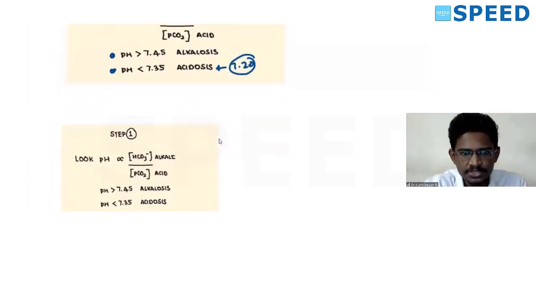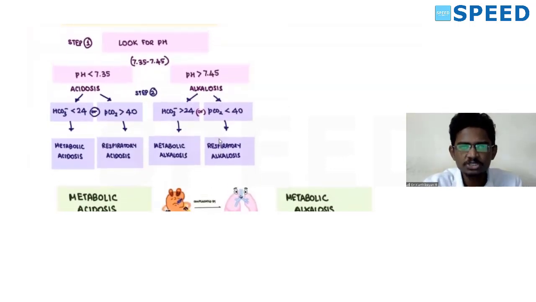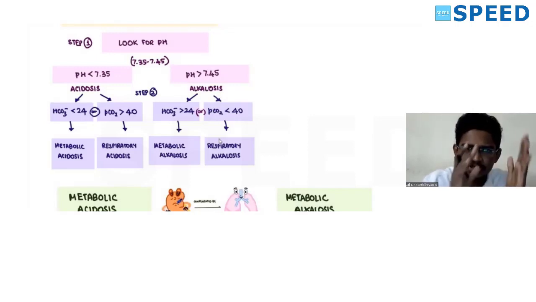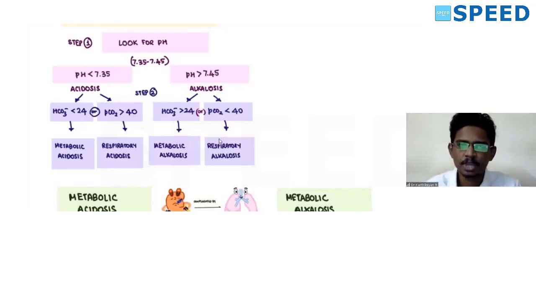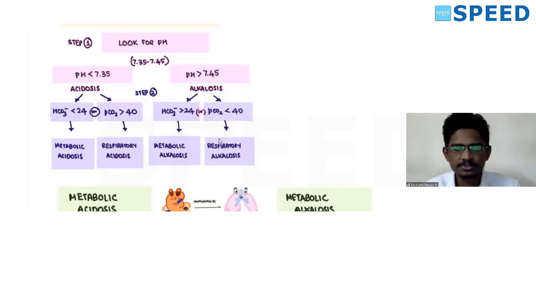Next step: acidosis you have found out, now you need to check whether it's due to a metabolic cause or a respiratory cause. How to check? Check which is coinciding with the acidosis. If bicarb is reduced, then it is metabolic acidosis.